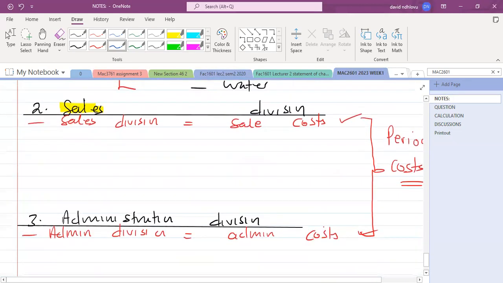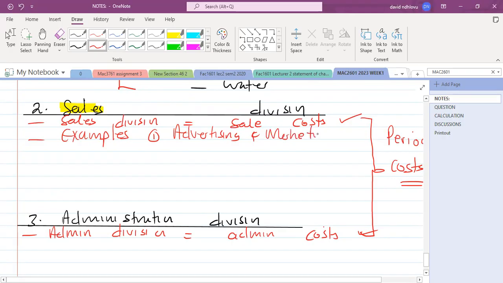Then we go to the sales. We can only give examples here. In terms of sales, what do the sales people do? There is advertising and marketing cost. The sales people are responsible for deliveries, so fuel for deliveries.